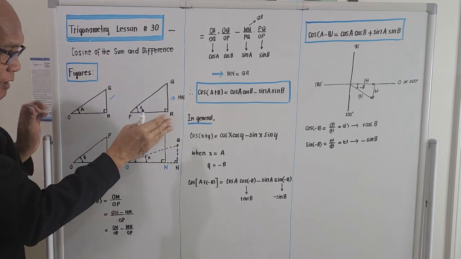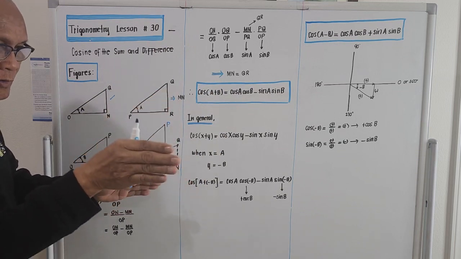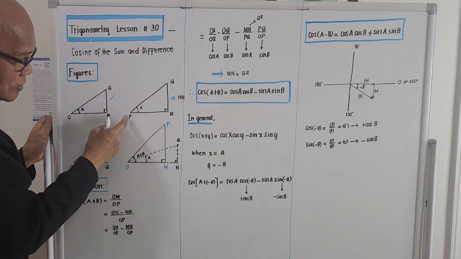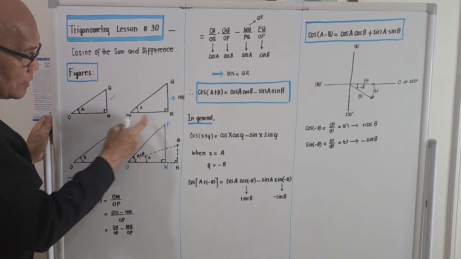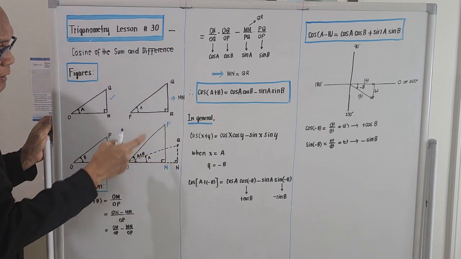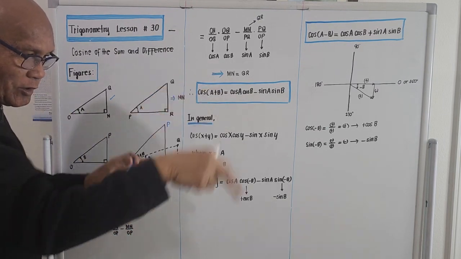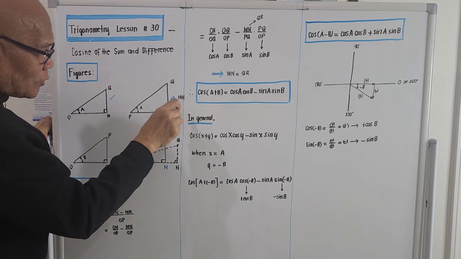These two angles were derived from the figure on lesson number 28. This is still angle A, with corners P, R, and Q. And QR, if we go back to the circular figure, is equal to MN.